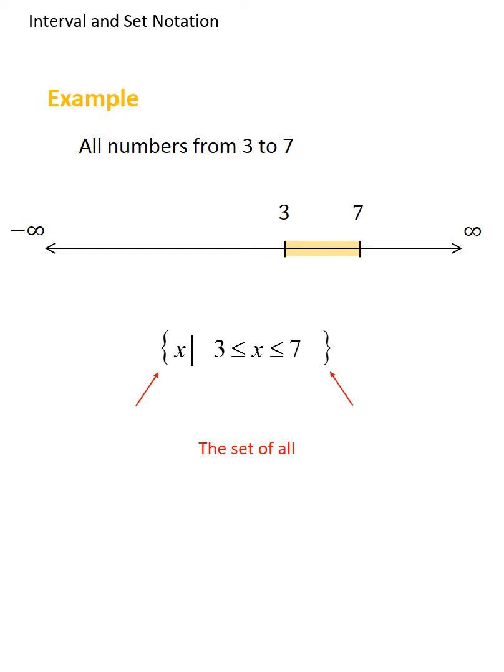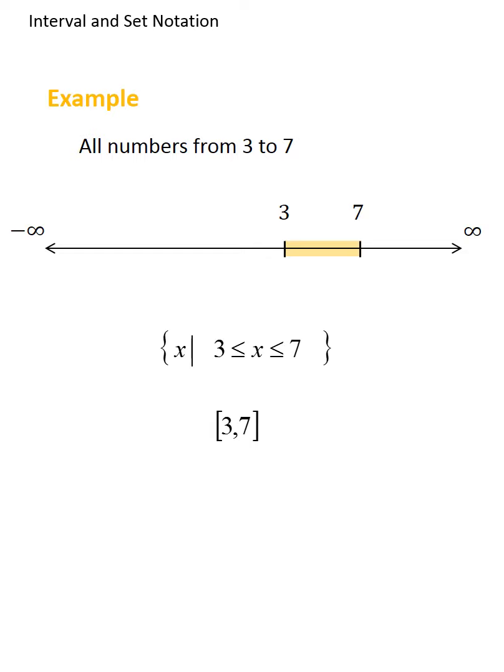The braces at the end of the set are pronounced the set of all, or just the set, and this straight line here is pronounced such that. So this would be read, the set of all x such that x is between 3 and 7 inclusive.